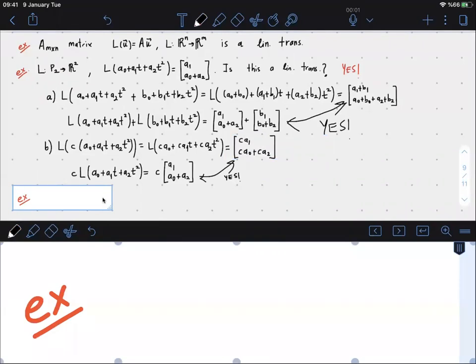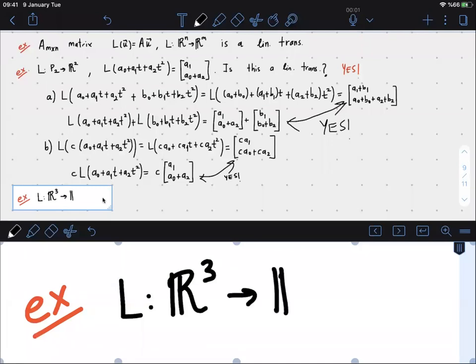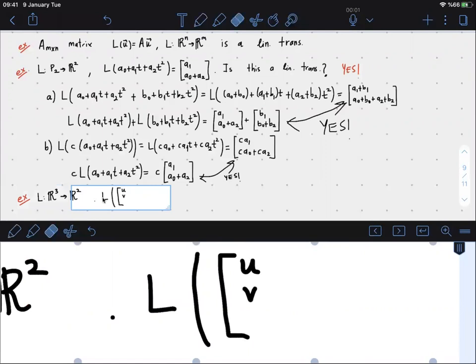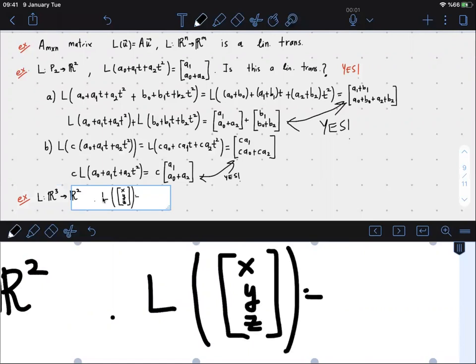Okay, let's look at some more examples. Let's take some mapping from R3 to R2. This time let's define it as L of this vector, let's call this XYZ, as X plus 1 and 2Y.